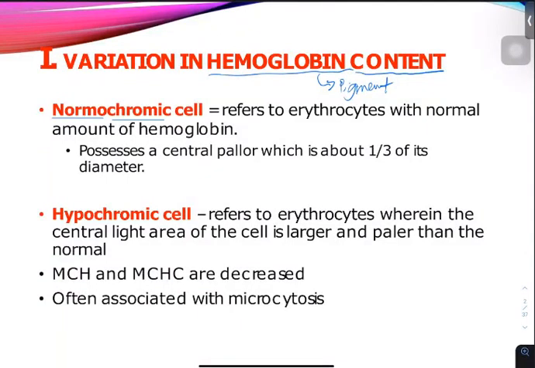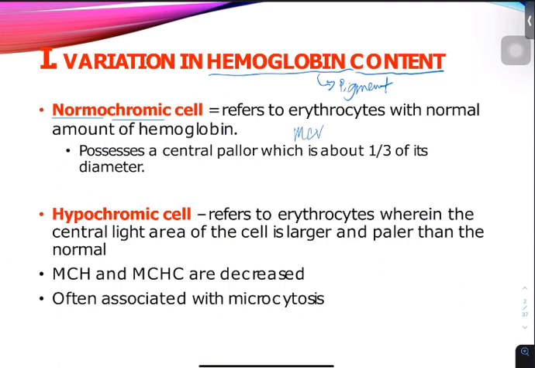How would you know if it's normochromic? What do we base it on? Your mean cell volume, MCV. What is the reference range for your MCV?